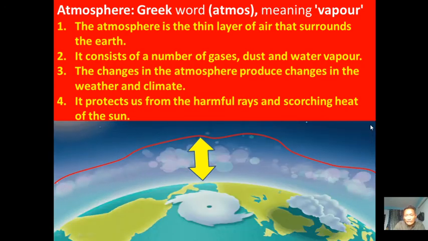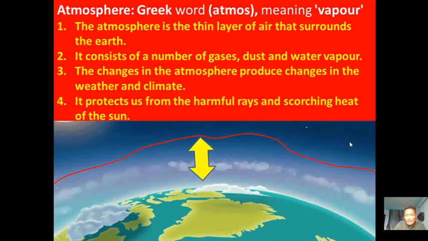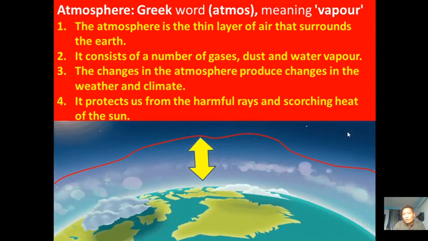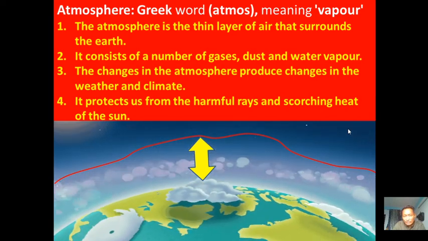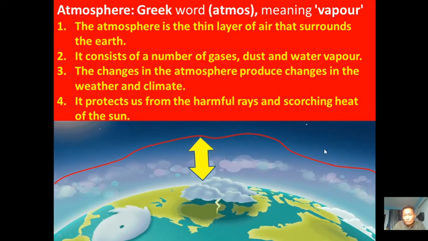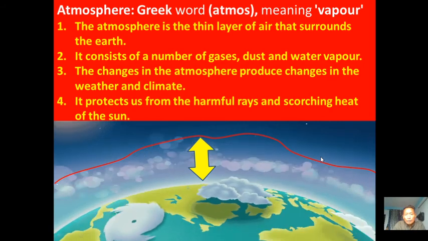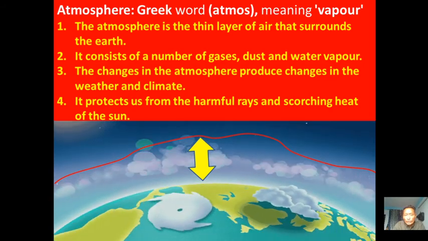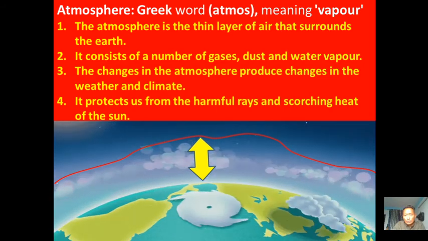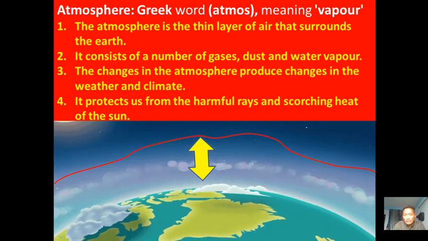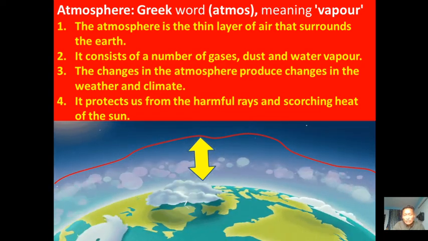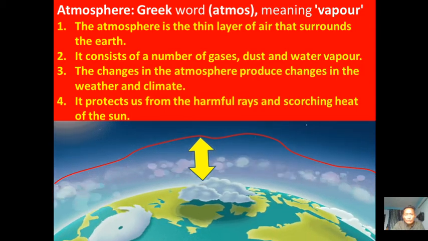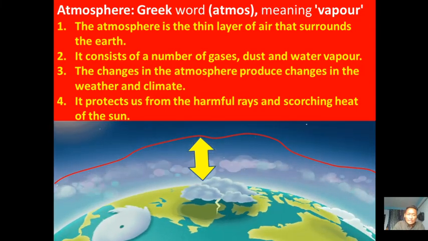This layer protects us from harmful sun rays such as ultraviolet UV rays of the sun, which protects us from the solar radiation. UV rays are very harmful for us. They may cause skin cancers.